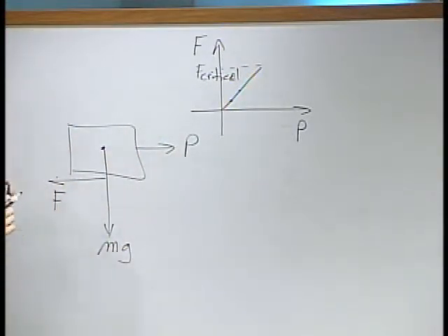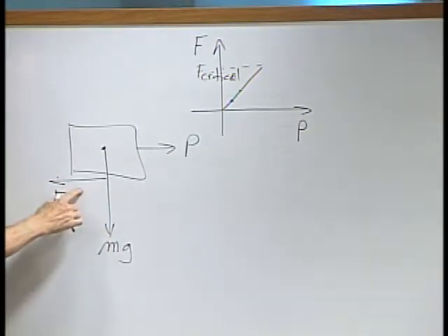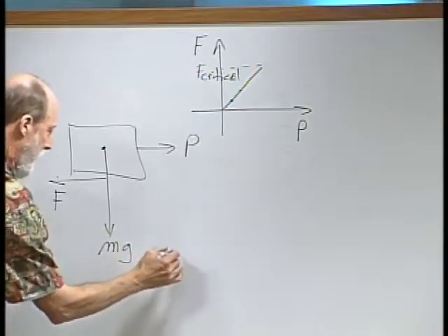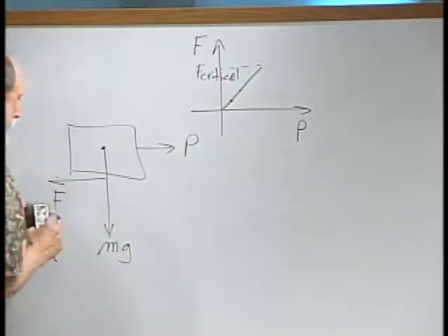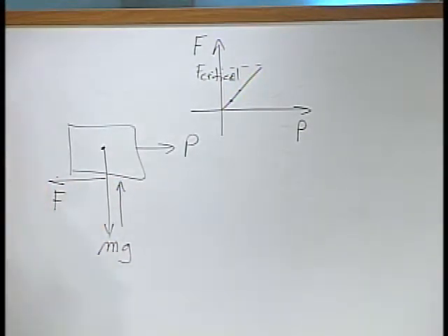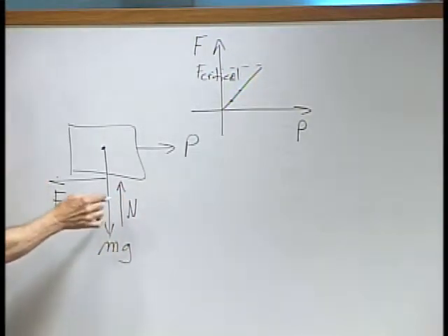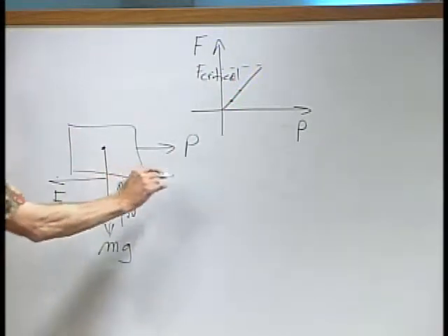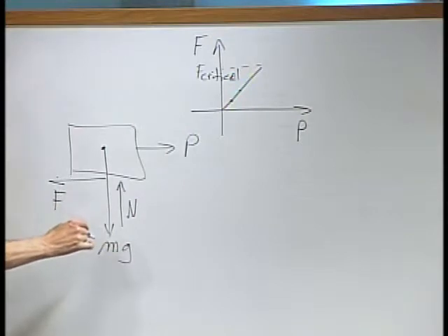Now think about what that would look like if I look at the combination of these two vectors right here. I know that what's acting upward here is the normal force. If this object is resting on a horizontal surface, then that normal force is going to match the weight.